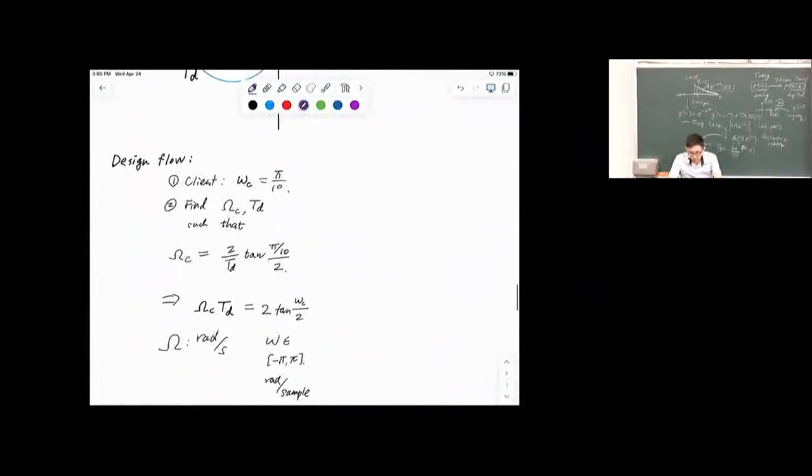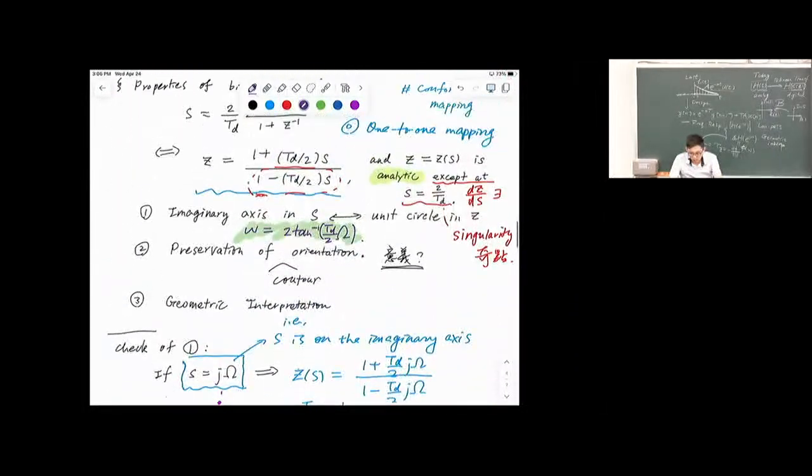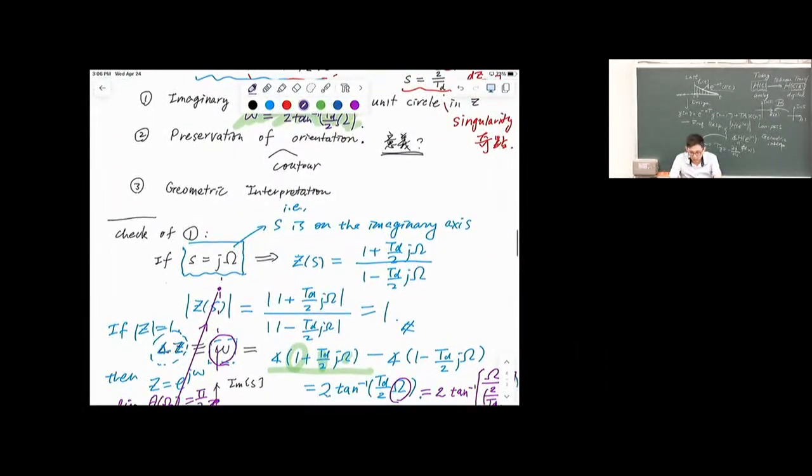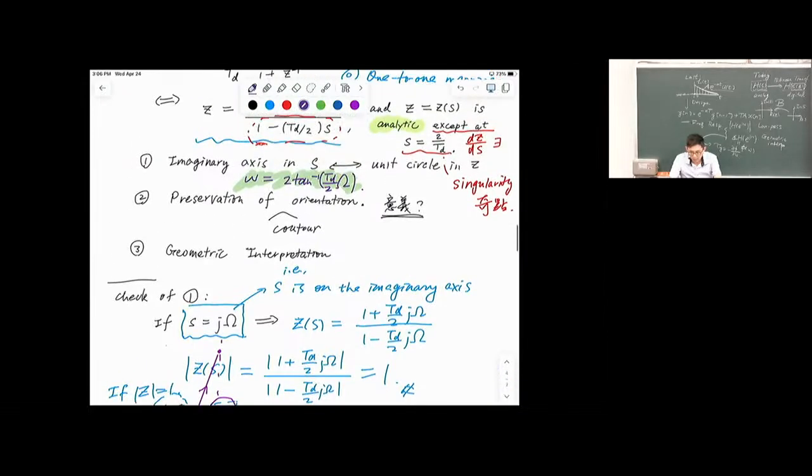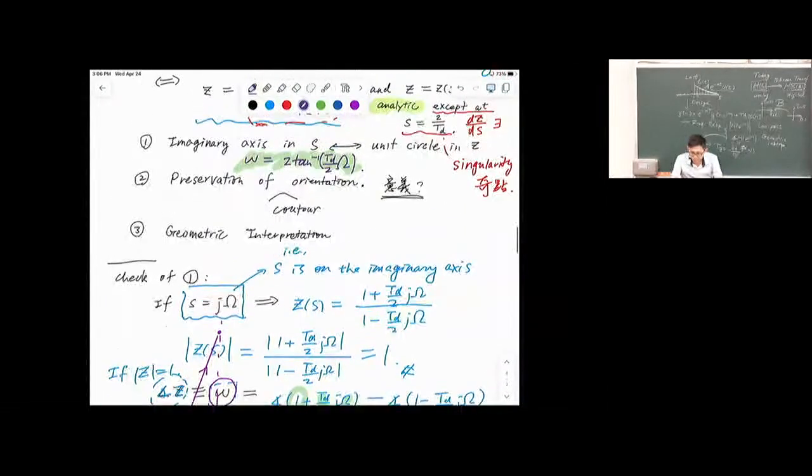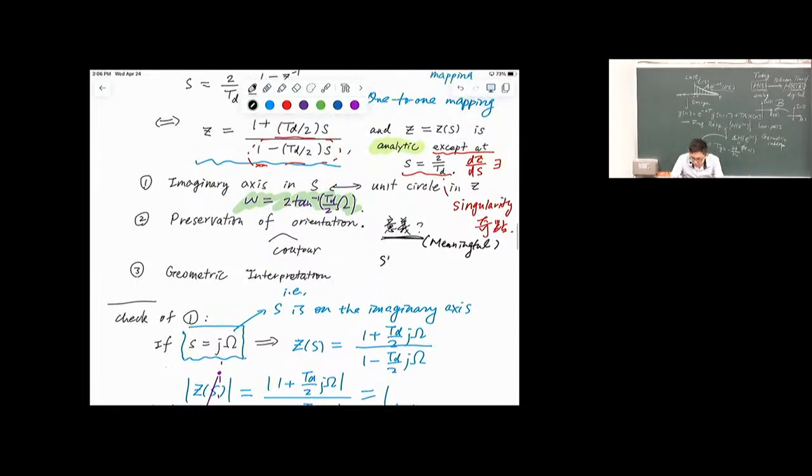Okay, so enough about the properties of bilinear transformation. And here I put a note, EE, the engineering meaning. Why is this meaningful to us? Because now we have stability preservation.